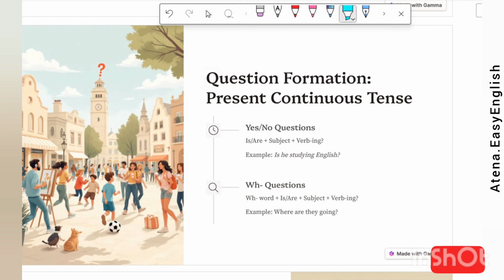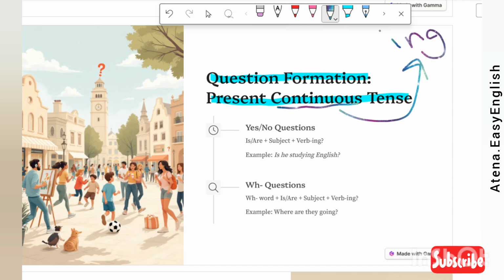Now, let's look at the question formation of present continuous tense. When it comes to continuous, we remember the ing, yes? So, the yes/no questions with present continuous use is or are plus subject plus verb with ing.